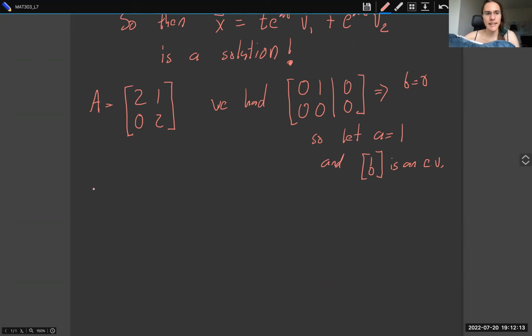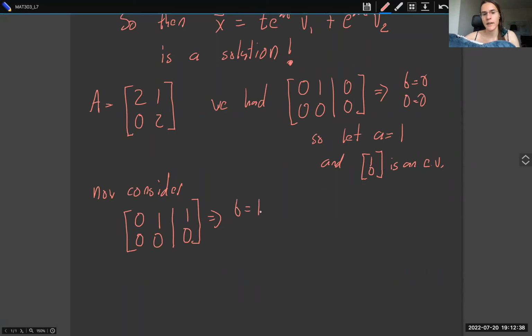So now consider the matrix 0, 1, 0, 0, and the vector (1, 0). What this tells us equation-wise, we also had the equation 0 equals 0 but that doesn't matter, is that B is equal to 1 and 0 equals 0.